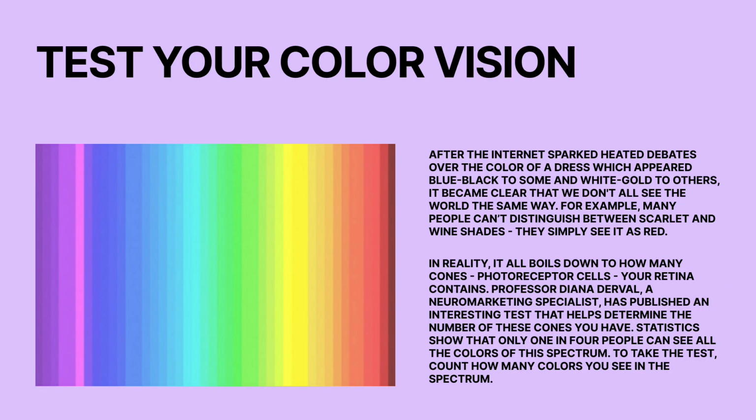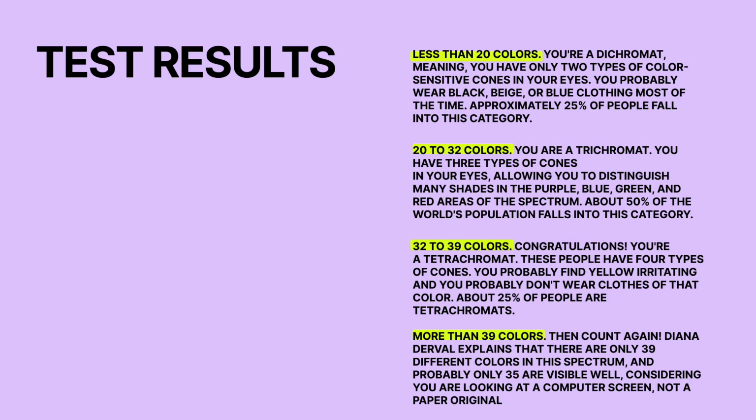I have a color perception test for you. You need to count how many shades you see here, how many lines you see. Here are the results. You can use them to determine your type of color perception. The standard is when you have three types of receptors in your eye: red, green, blue. But if you see less than 20 colors, you may only have two types of color-sensitive receptors in your eye.